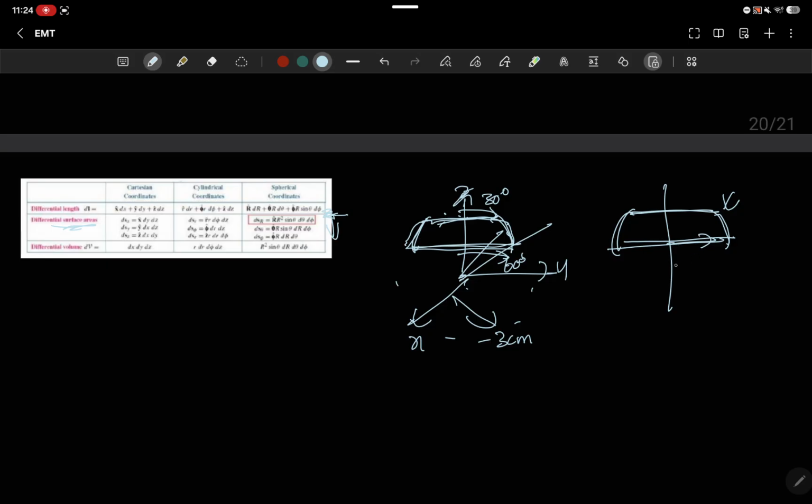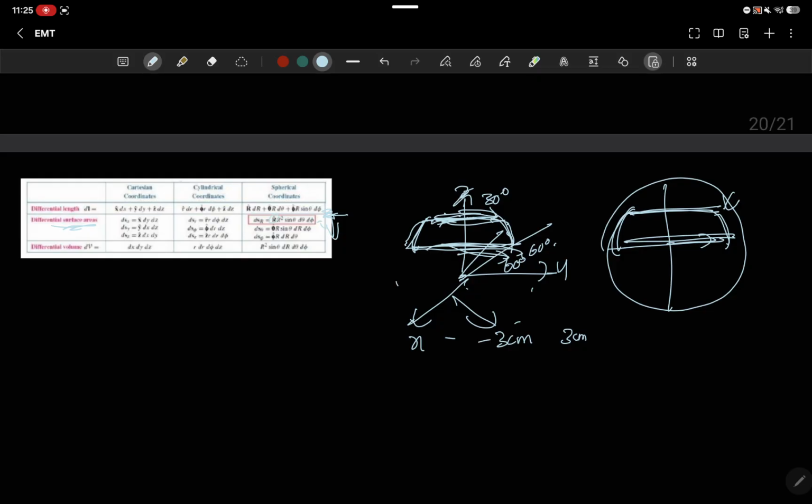The radius is the same. This is something that looks like a globe, 3 cm in radius. The first round above is 30 degrees, the second round underneath is 60 degrees. Now the unchanged variable is r.